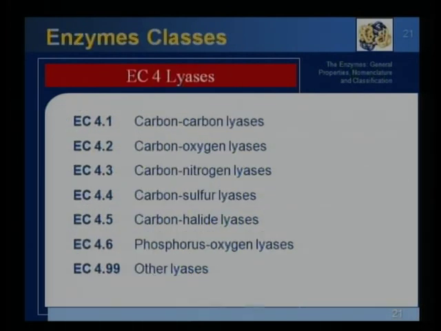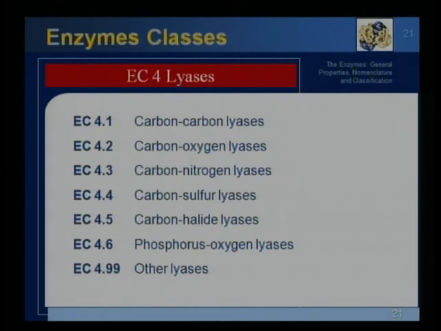The fourth class is the group of enzymes known as lyases. The examples we have tried to list out: EC 4.1 is for carbon-carbon lyases. If the molecule which is acted upon involves carbon-carbon bonds, then it is a carbon-carbon lyase, that is EC 4.1.